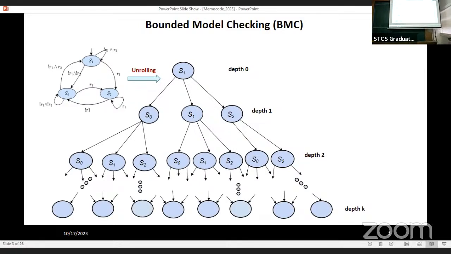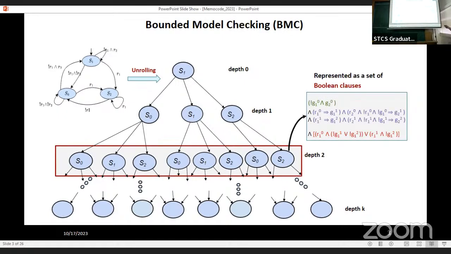So bounded model checking is sound because up to a depth, it is examining every reachable state in the state transition system. But of course, not complete because it is only bounded up to depth K. But how does bounded model checking essentially work when you throw at it such a property? Internally, the states that you see here are represented as propositional logic formulas.